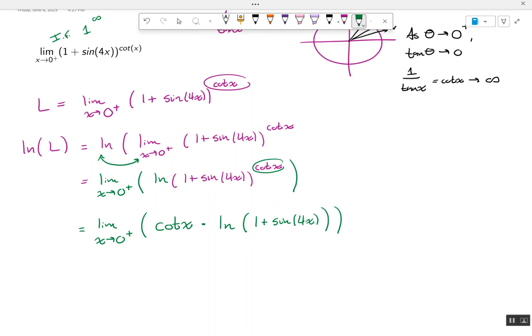So the cotangent we can write as 1 over tangent, so that this inside expression here is natural log of this divided by tangent.